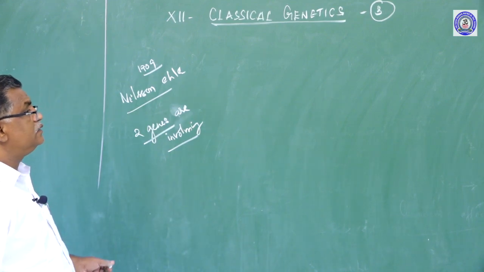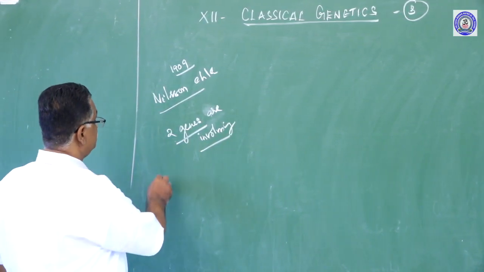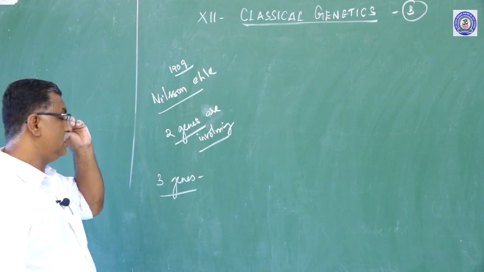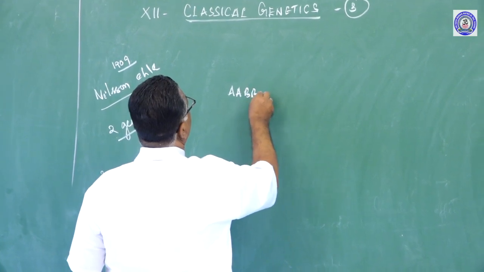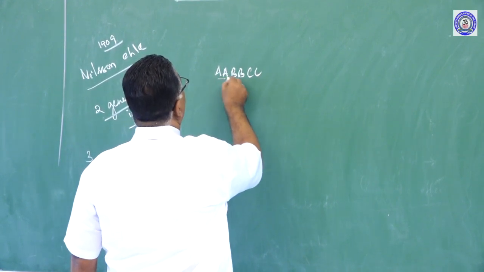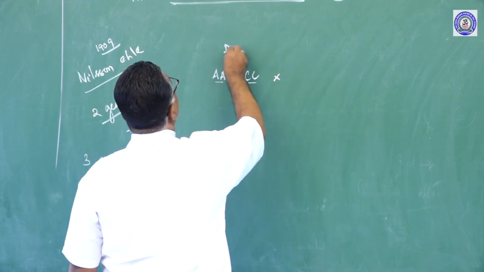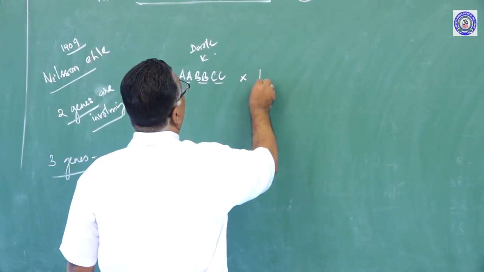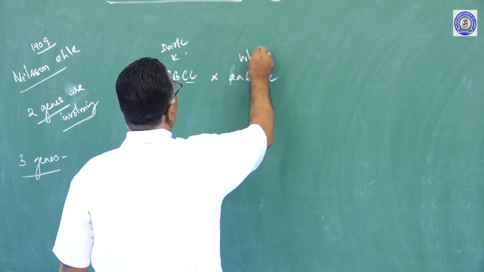Afterwards, he also studied in detail and found that three genes are involved in the determination of the color of the kernel, and they are capital A, capital B, capital C. These three dominant genes are allelic, each one having two alleles, and this gives a dark kernel, and its recessive form, small a, small b, small c, gives a white kernel.